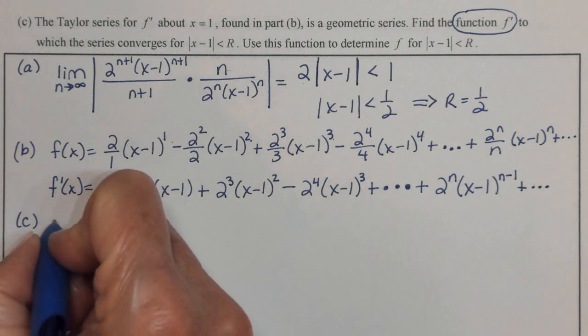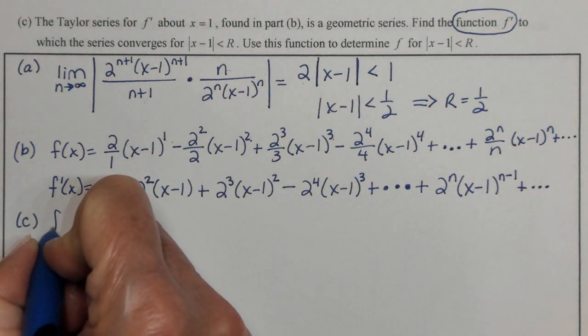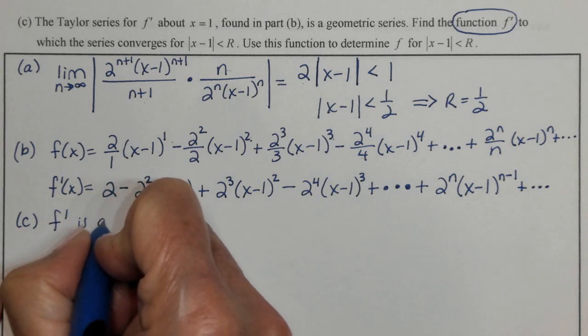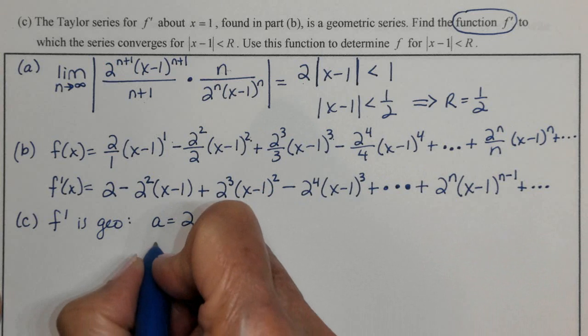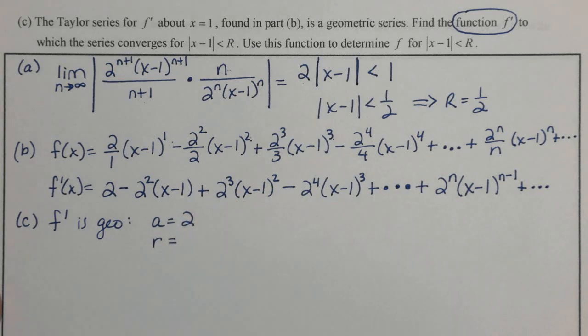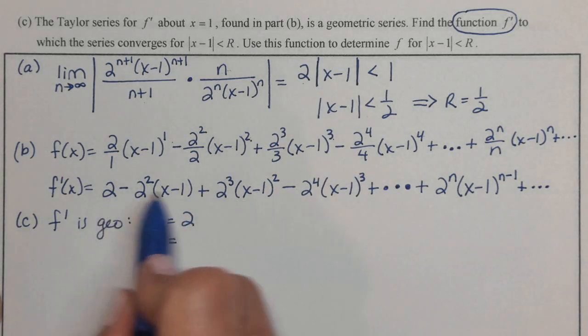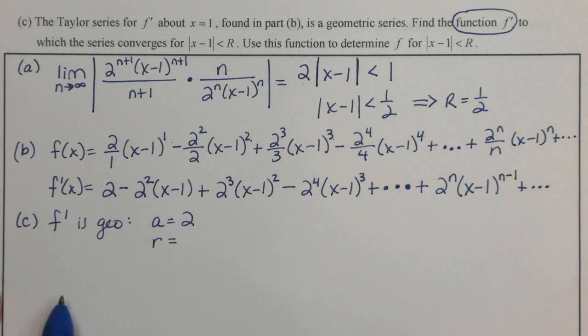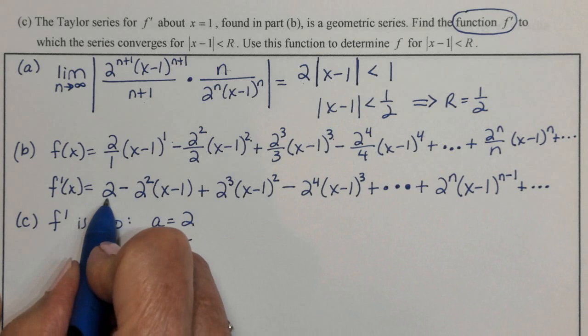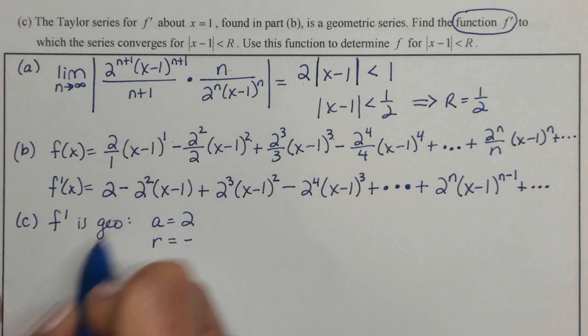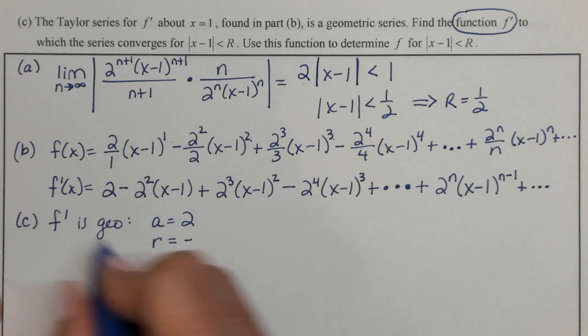So f prime is geometric with first term 2 and common ratio. What do you multiply to get to the next term every time? Well, I'm multiplying by something to get from 2 to negative 2 squared times x minus 1. What do you multiply by?